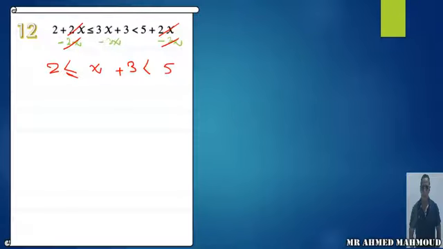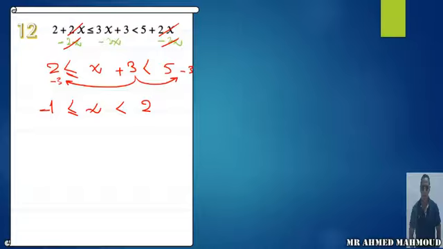Now I'm going to send 3 from here to here, minus 3, and here minus 3. 2 minus 3 equals negative 1, less than or equal to x, less than 5 minus 3 equals 2.